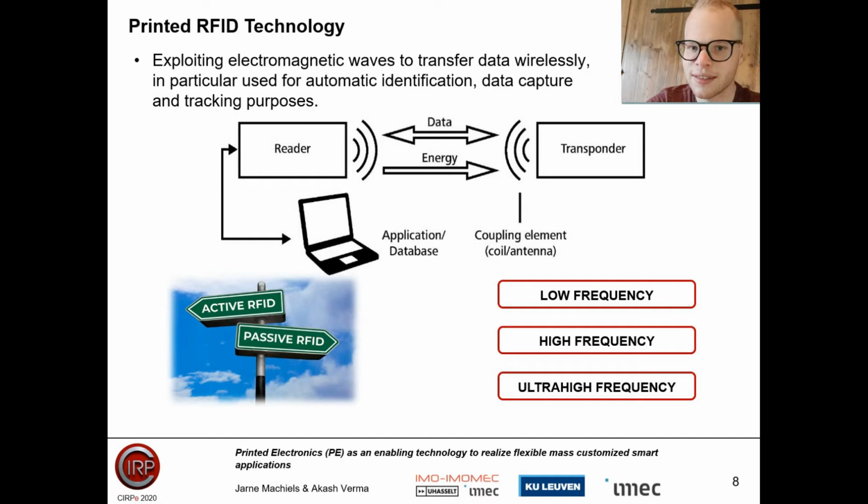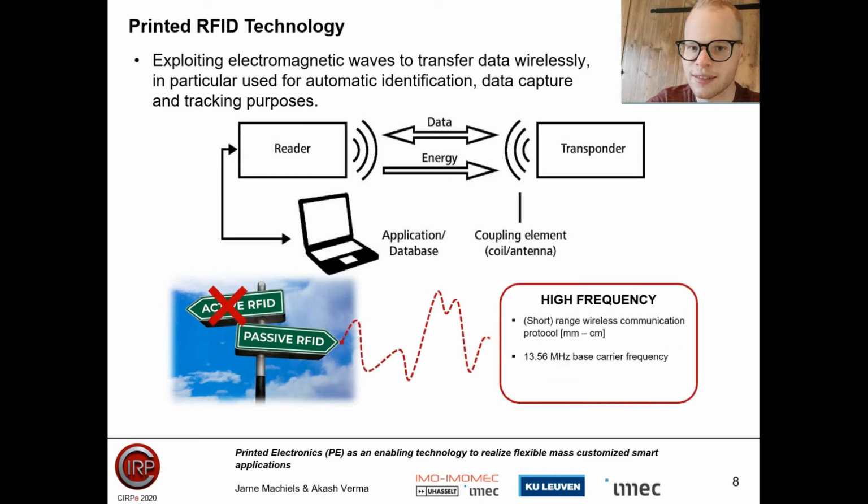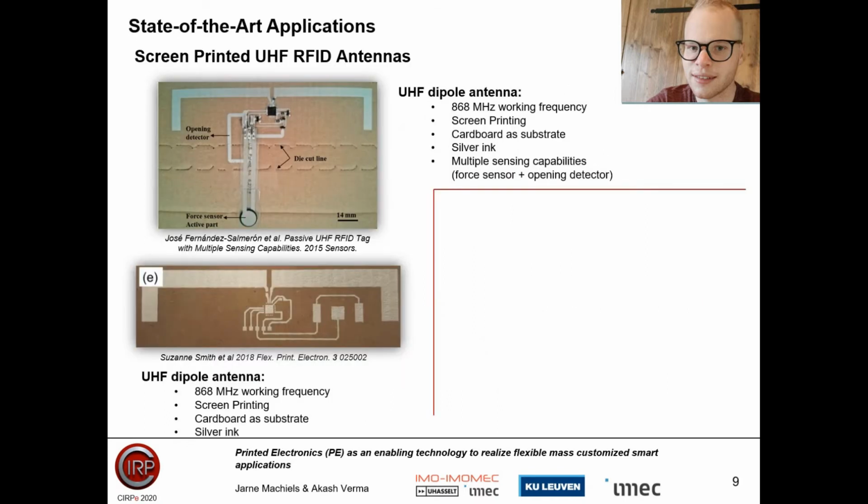Tags can also be divided by their working frequency, which is related to the read distance. In our research, we focus on printing passive high-frequency RFID antennas with a short read range and a working frequency of 13.56 MHz.